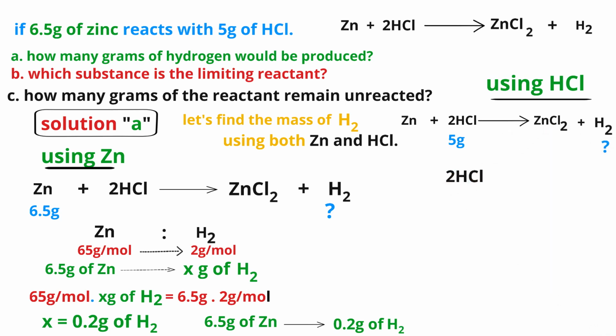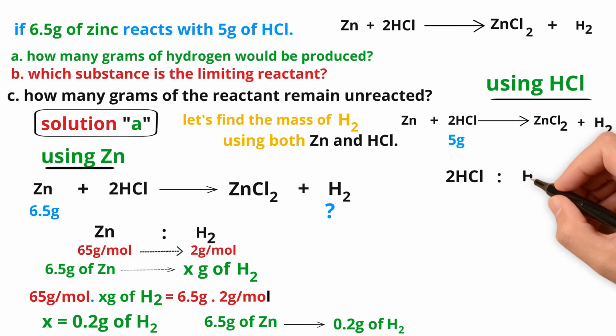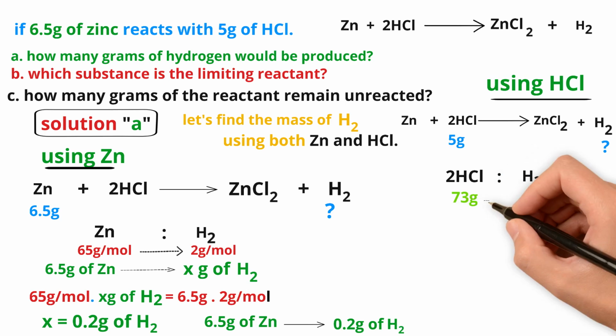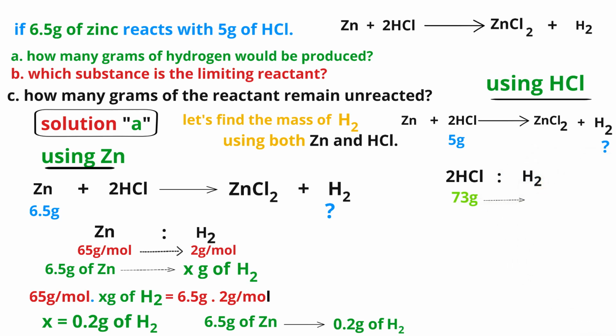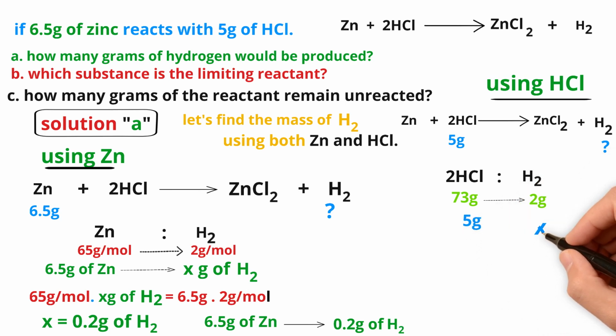This is the question. To answer this question, let us set up a ratio of HCl to hydrogen molecule. From the balanced chemical equation, 73 gram of HCl produce 2 gram of hydrogen molecule. Now the question here is that 5 gram of HCl produce how many grams of hydrogen molecule?